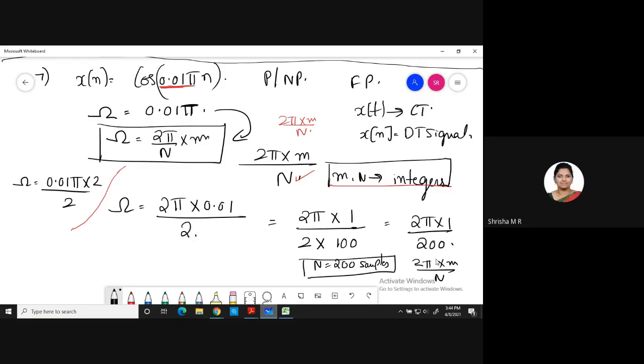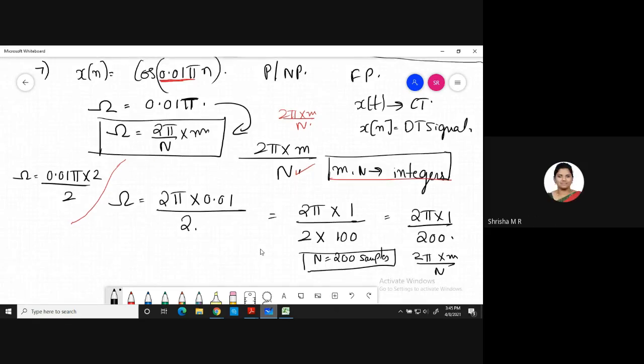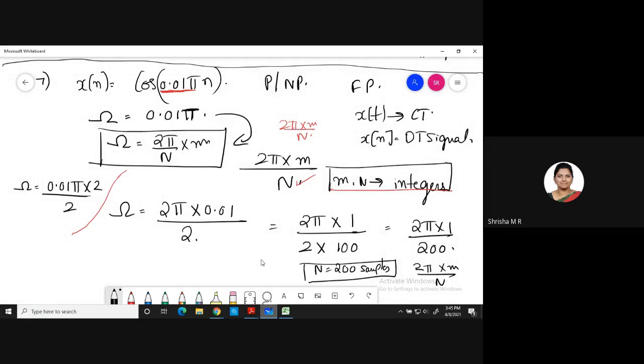Sometimes you might go wrong if you do it like that. You can do it like that also, but this is the standard form. Try to get it in the form 2 pi by n into m. Clear, everyone?